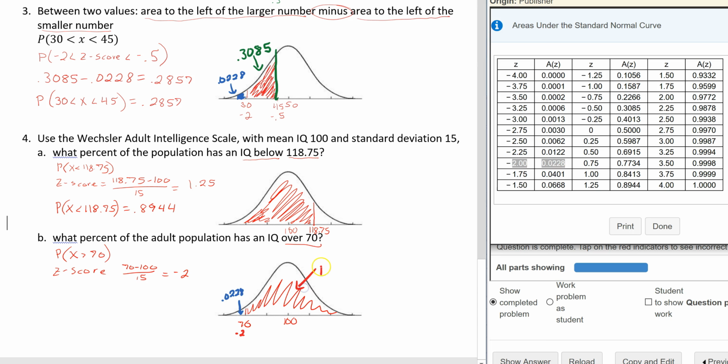So I want to go 1 minus 0.0228 and find out that the chance of an adult person having an IQ score over 70 is 1 minus 0.0228, which is 0.9772. That means about 98% of the adult population has an IQ over 70.